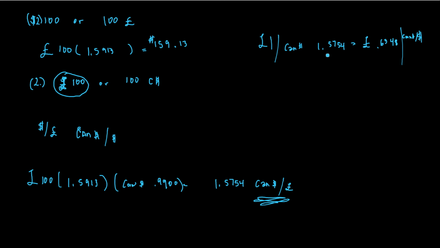In C-2, we want to quote the cross rate for British pounds in terms of Canadian dollars, so we take the British pounds and ask how much they are worth in Canadian dollars: 0.6348.